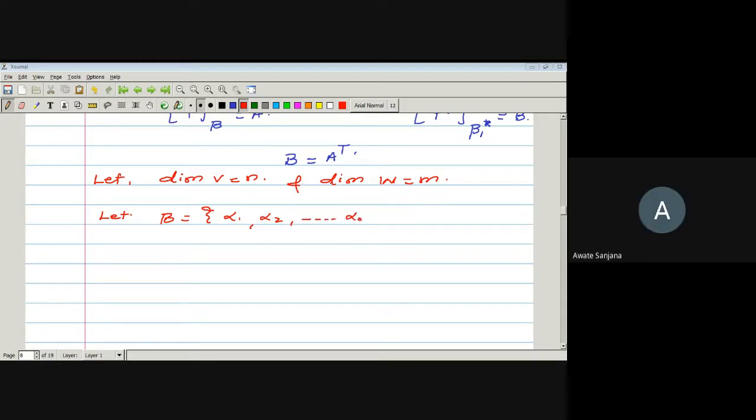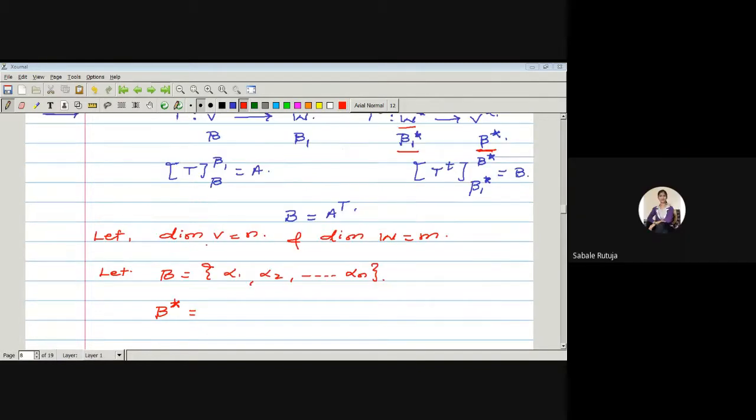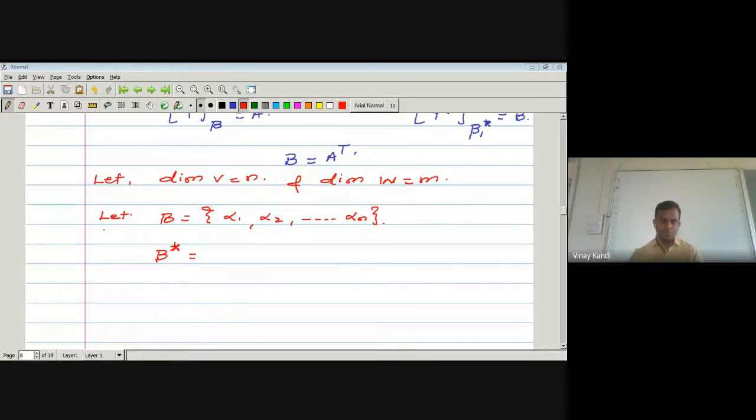Similarly, beta star मध्ये किती elements असतील? Beta star is the basis of V star with n elements: n functionals f1, f2, and so on up to fn. Dimension of V and dimension of V star are the same. What is beta 1? How many elements are in beta 1?